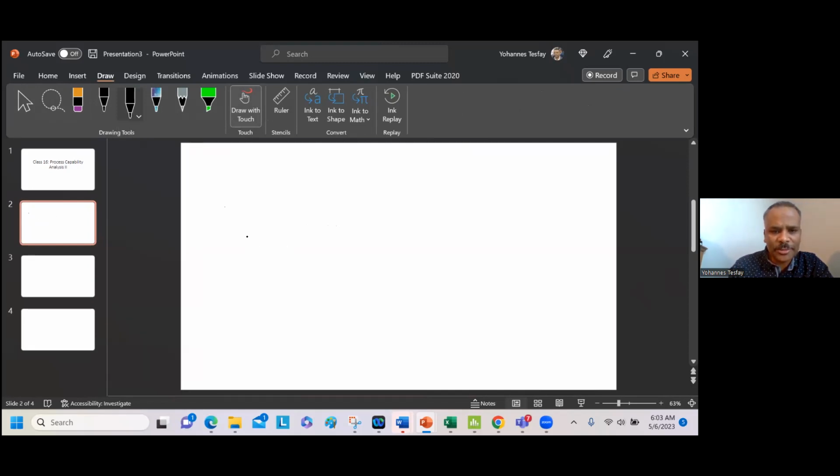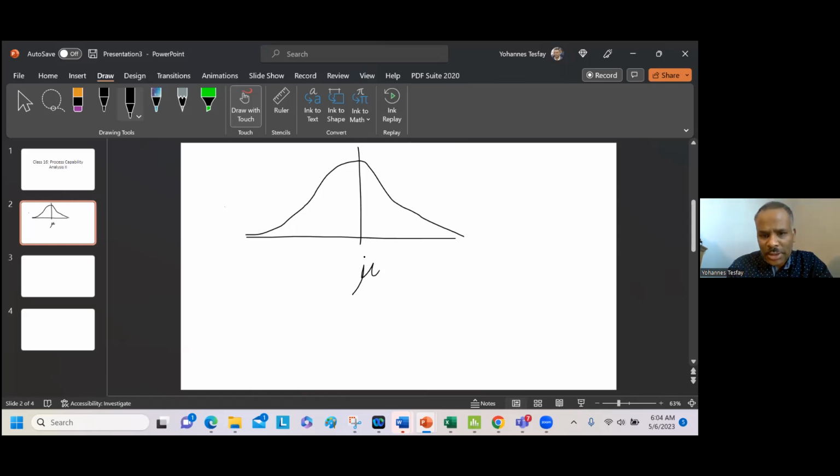So this is standard normal distribution. Just normal distribution. So let's assume this is the mean. Then if we move 3 sigma here, 3 sigma, and if we move 3 sigma from here, and 3 sigma, then this is 99.73%, isn't it?